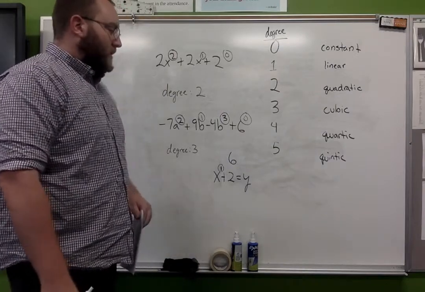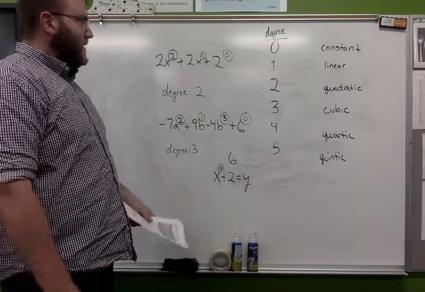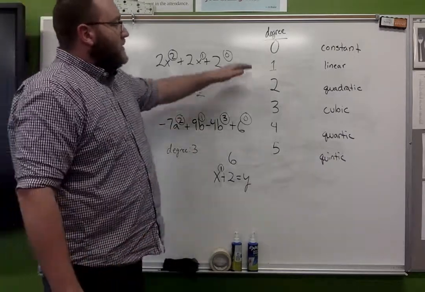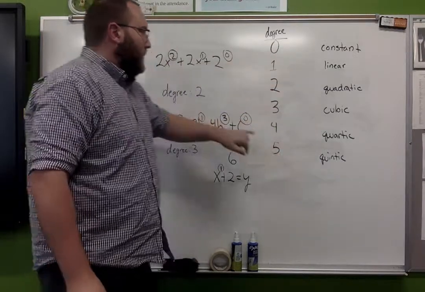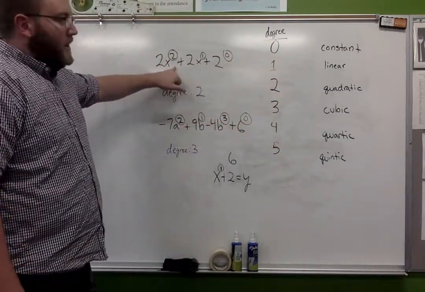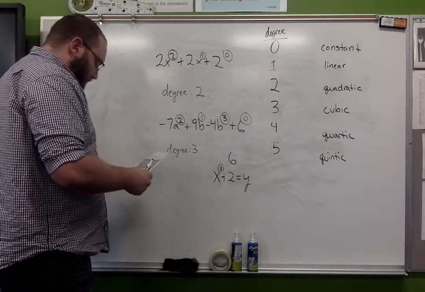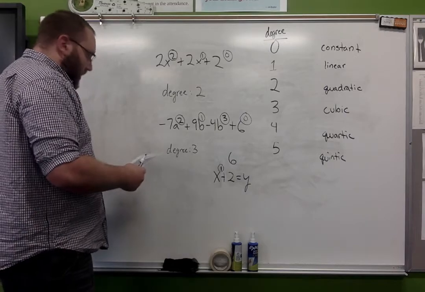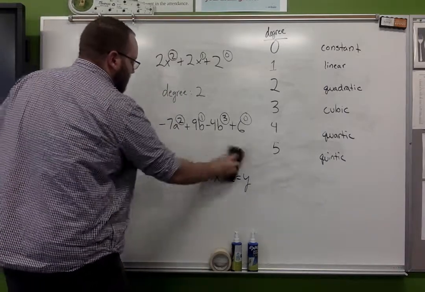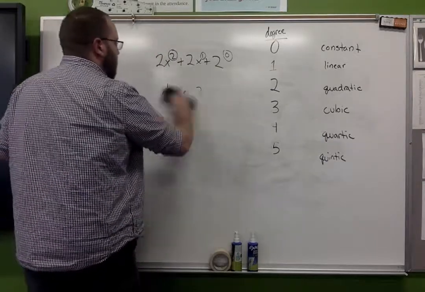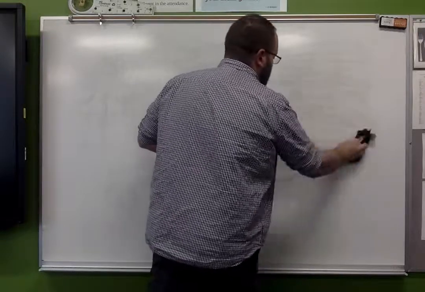If you have quintuplets, you have 5 kids all at once, I guess you could say. Anyways, these are the adjectives that we would place on a polynomial to describe its degree. Let's move on to the next definitions here, and we can do some practice.